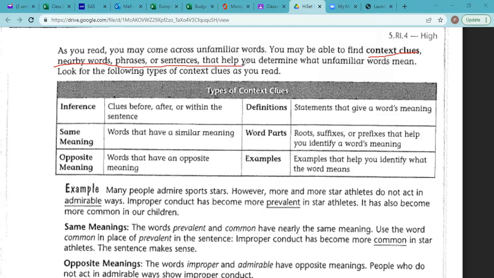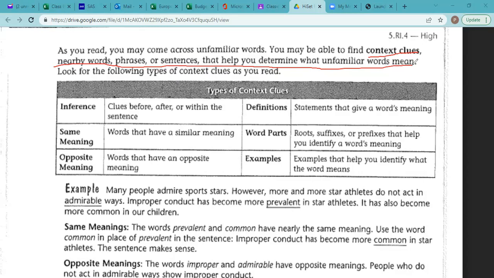There will be probably about a third of the time, a quarter of the time, where they will actually give you the definition. They could have the word, then a comma after that word, and then the definition right after it, and then another comma, and then they pick back up.